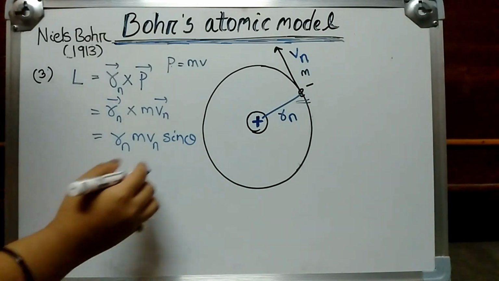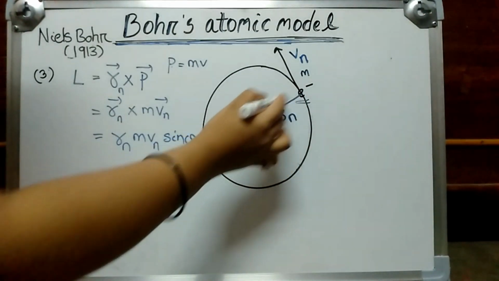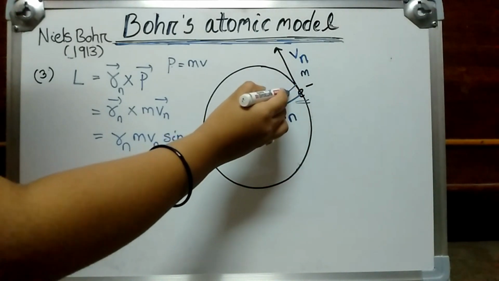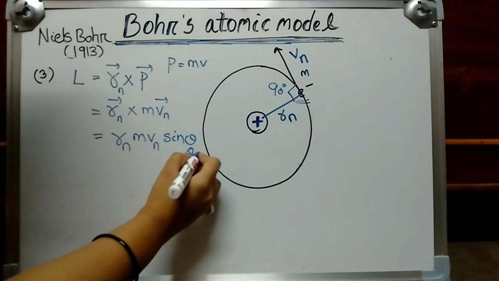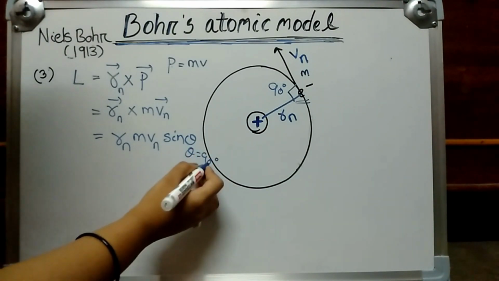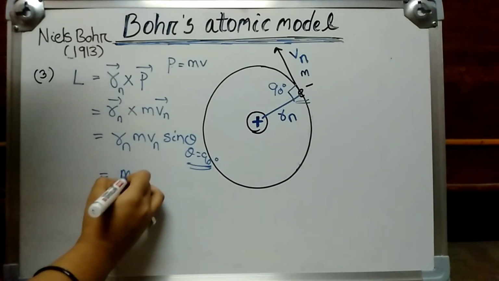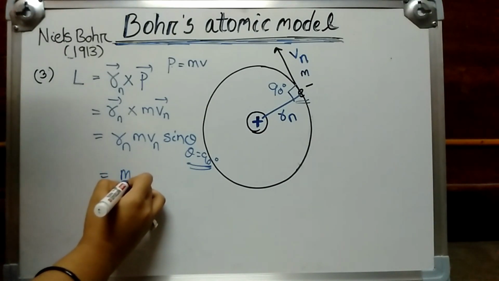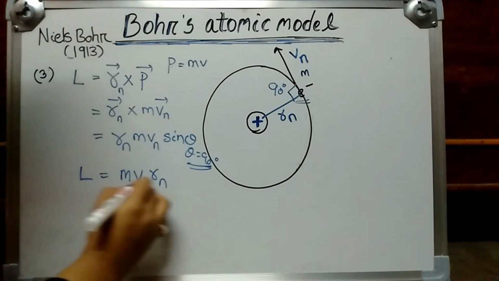The velocity is along the tangent, and Rn is the position vector, and the angle between the two is 90 degrees. So put theta equals 90 degrees, sin 90 is 1. So the answer is m Vn Rn. L equals m Vn Rn.